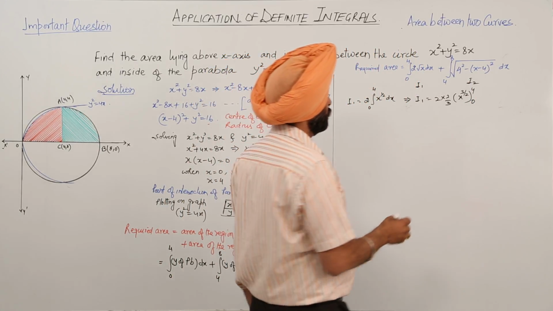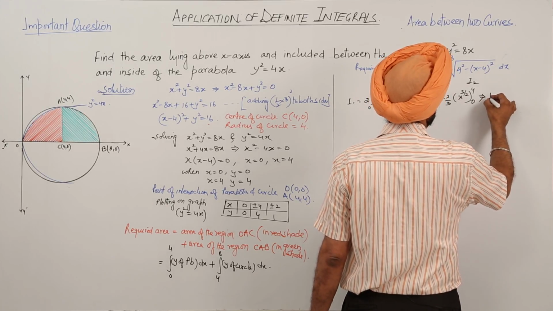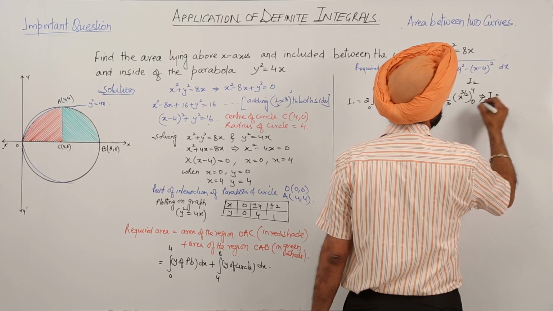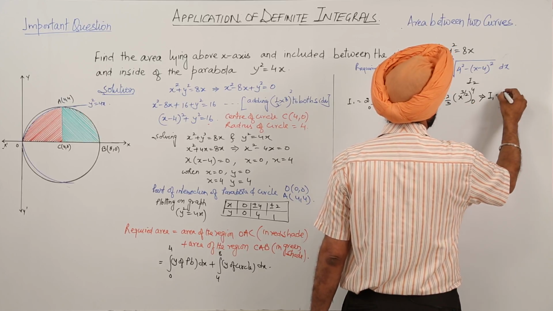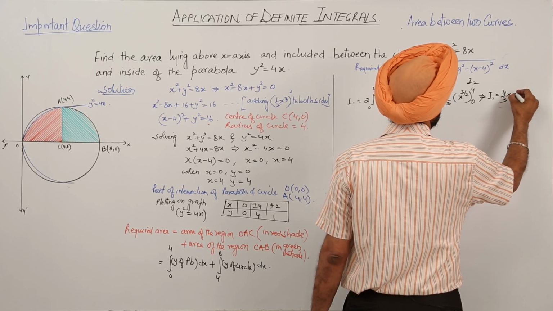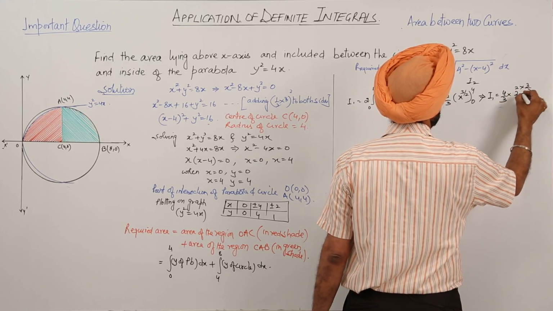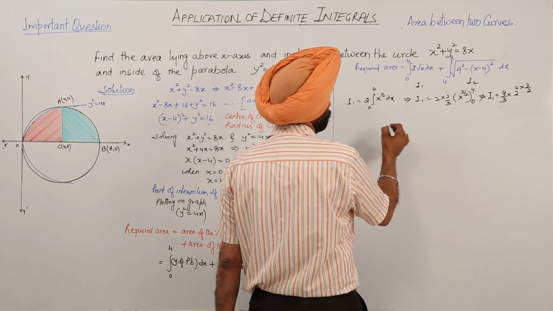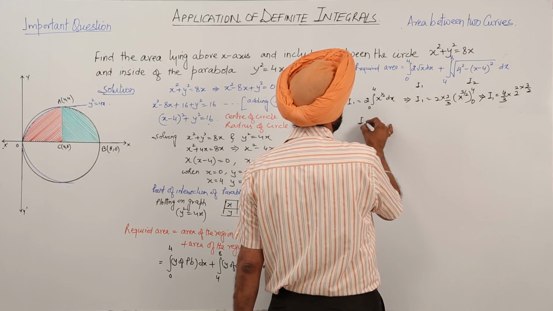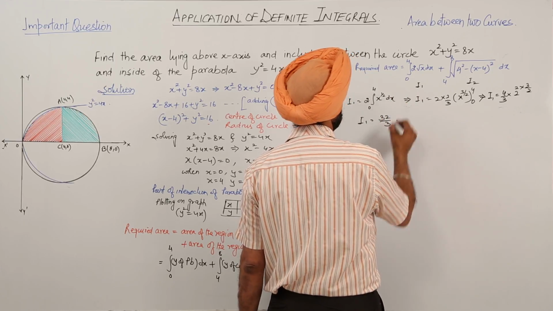Okay. And this implies I1 is equal to 4 upon 3 into 2 raised to power 3, so I1 is equal to 32 by 3.